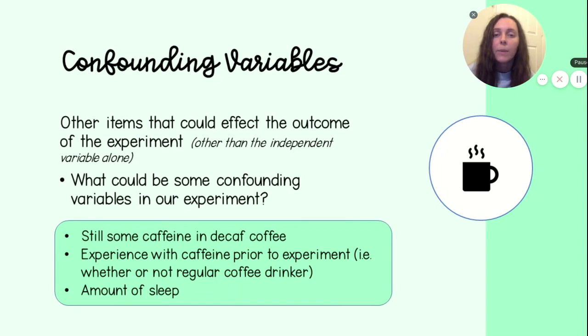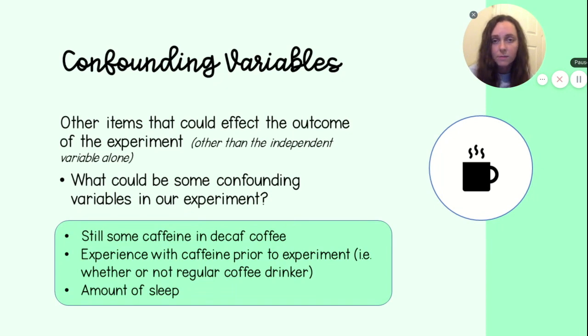You want people randomly assigned, and you want to control the experiment as much as possible, because if you have all these different variables in your experiment, your results aren't valid anymore, and then it's a waste of time, right? So you want your experiment to be as controlled as possible, and we want to make sure that any confounding variables are taken care of.